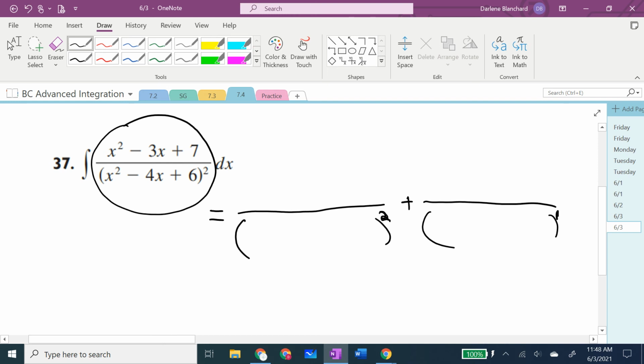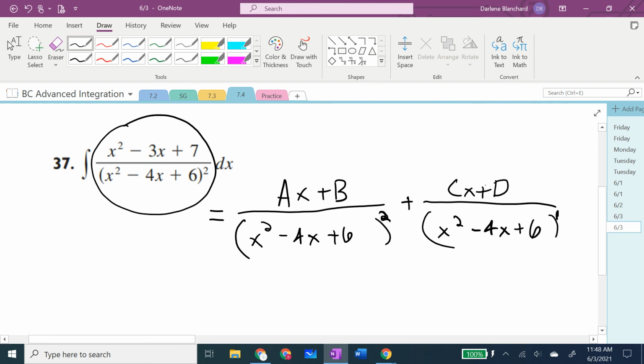So that was as far as we went. Put that quadratic in, and if it is quadratic at the core, then you're going to put linear above it, some ax plus b, and cx plus d.